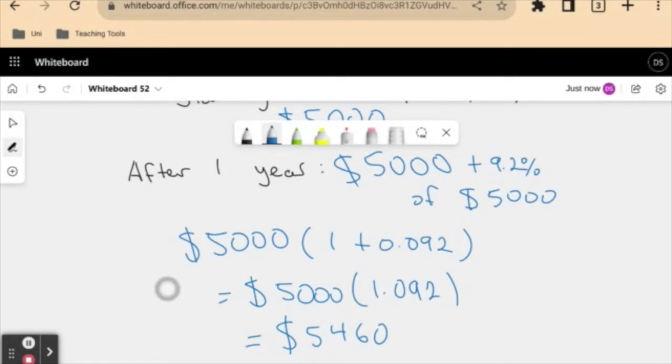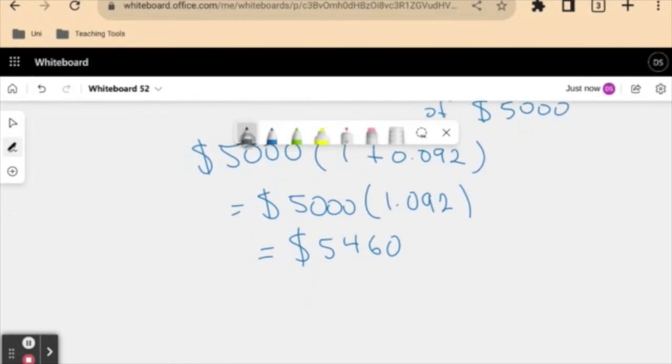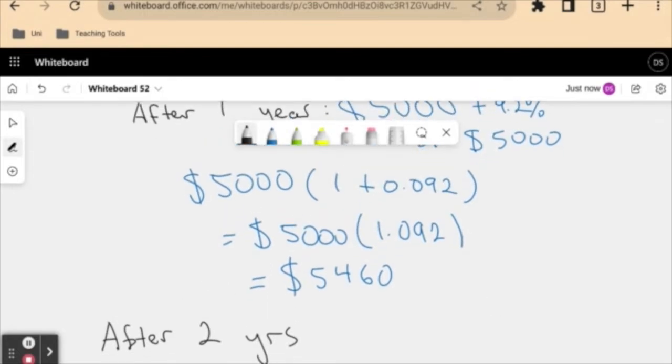So if I were to find after 2 years, well, I'm taking into account this thing because this number here, $5,460, was our principal as well as the interest applied.